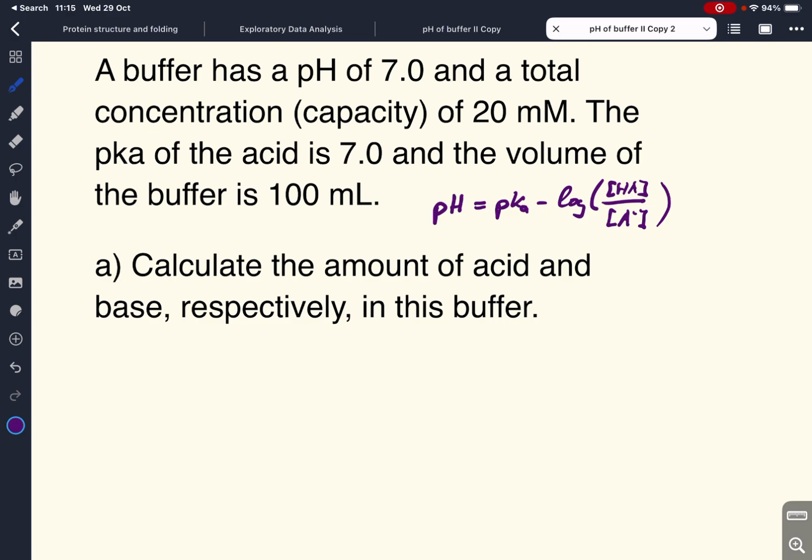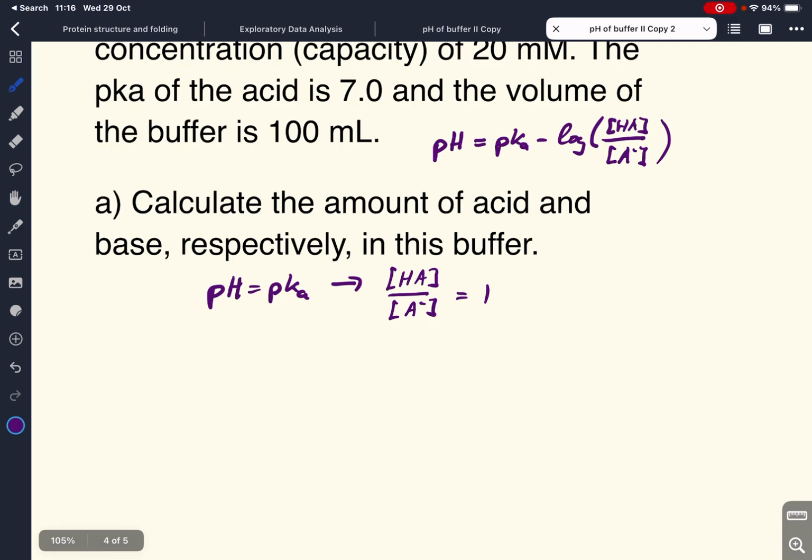And we said that if we've got the pH and the pKa, if they are the same, then we have the same ratio of acid and base. So if pH equals pKa, then we can conclude that the acid to base ratio is 1. And we can prove that.